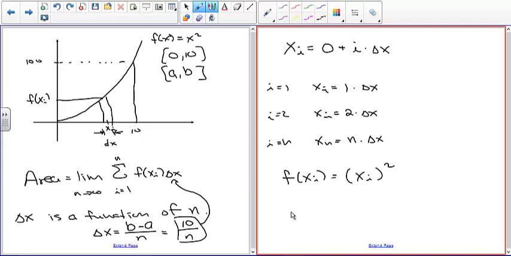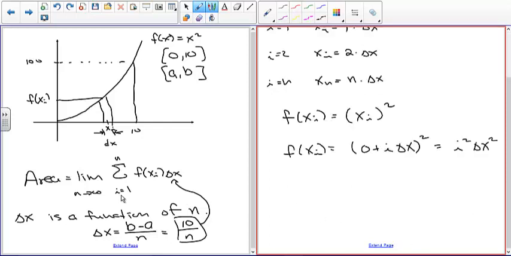So f of x sub i is going to be x sub i 0 plus i times delta x quantity squared, or just i squared times delta x squared. So I'll square this and I square that. Now i is not an imaginary number, it's just the counter.